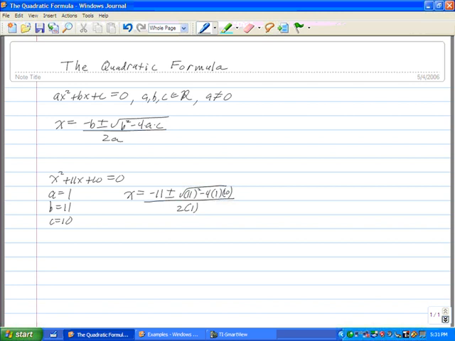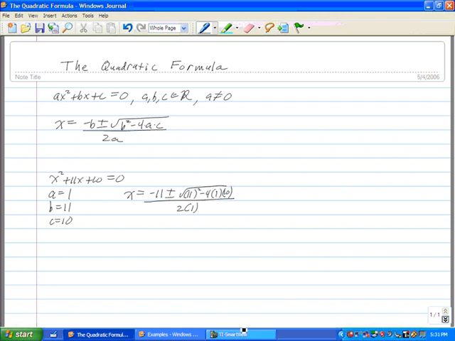Now, this is a good thing to punch into your calculator. But before you try and put it all in all at once, I suggest that you just use the calculator to first evaluate your discriminant. Now, the discriminant is the portion of the formula that you find underneath the square root. And you need to put it into your calculator exactly the way you see it written here.